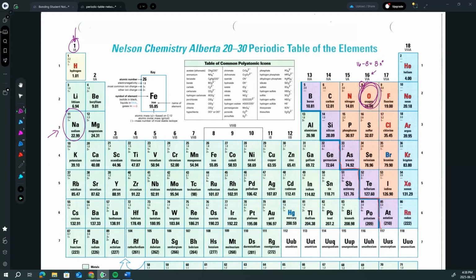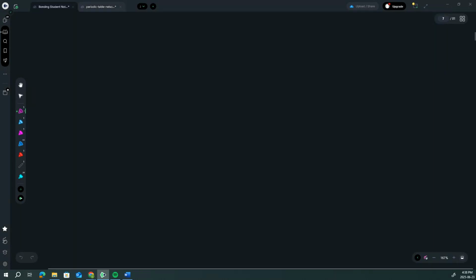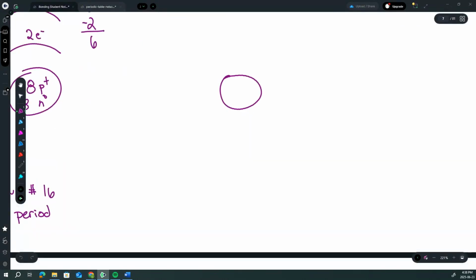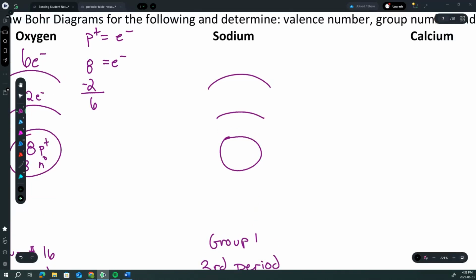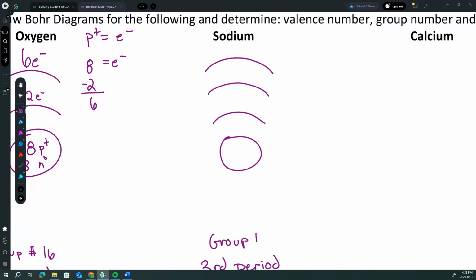That's how many electrons are in the outermost shell, and there should be 3 orbits in my drawing. So let's write that out. It's in group 1, third period. So 1, 2, I should squish this a bit closer together. 1, 2, 3.